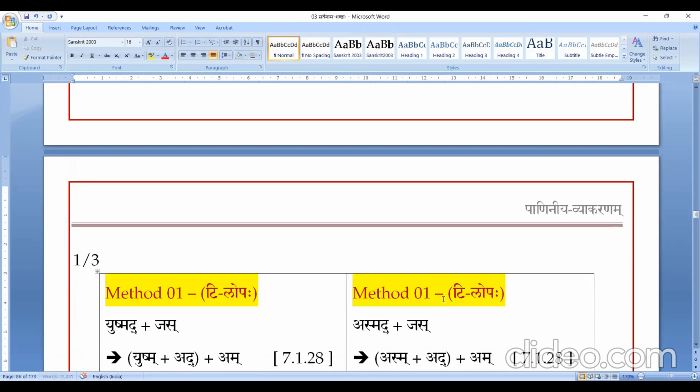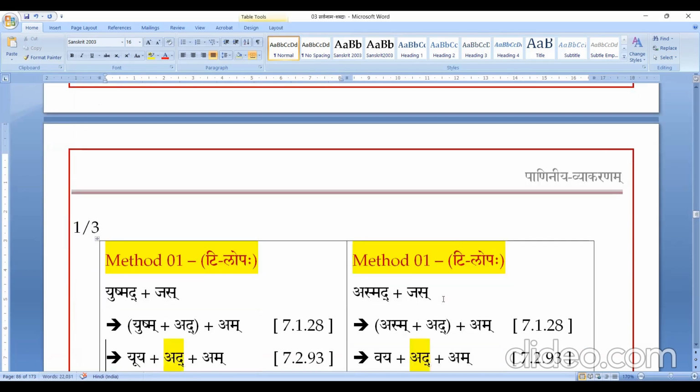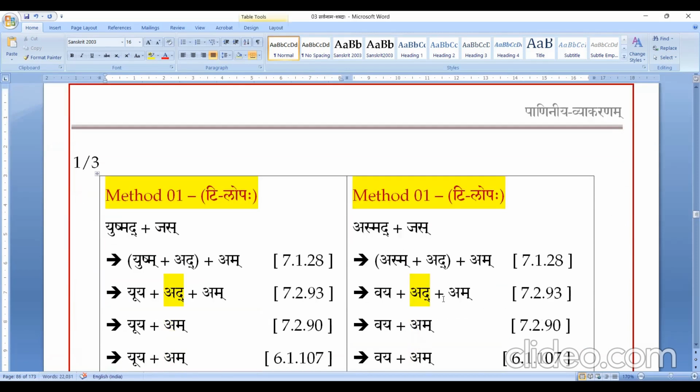Now here you can see both the methods, Ti lopah and Antyasya, Alontyasya Ante lopah. Yushmad plus Jas, applying the sutra Nge Pratamayoram Samadesha. Then by the sutra 7.2.93, the current sutra, Yuya Vayo Jasi Pratyaya Pare, Yushmad, iti Ma Paryantasya sthane Yuya Adesha.